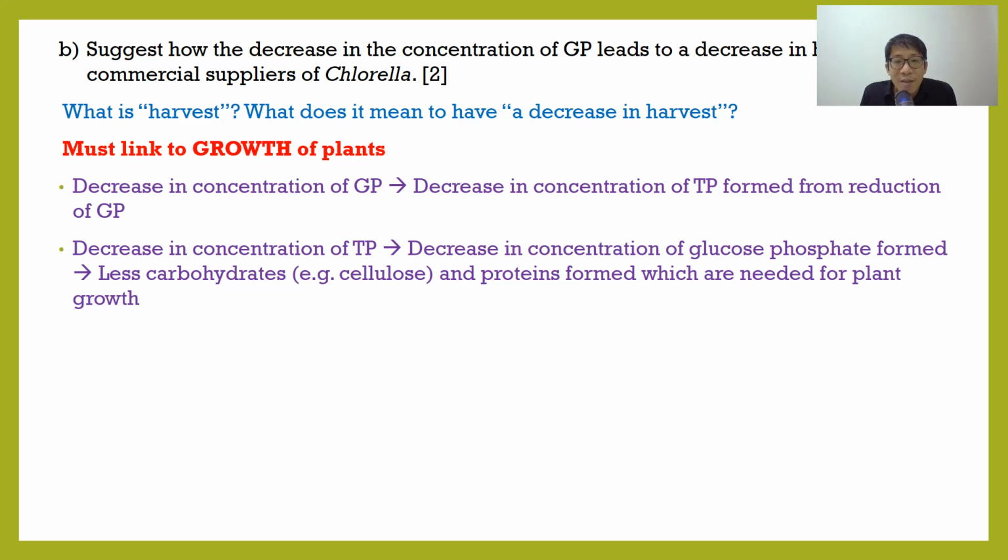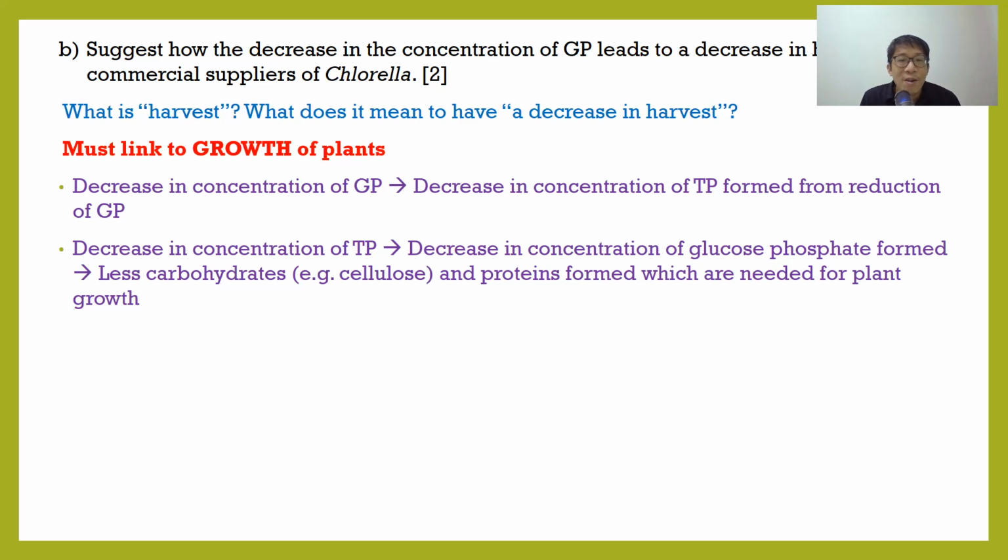Okay, and the glucose again can be used to make other biomolecules as well, like proteins and even fats, lipids, all of which are required for growth. And also, you may mention how less glucose also means that there's less energy from respiration, which is needed for growth and reproduction.